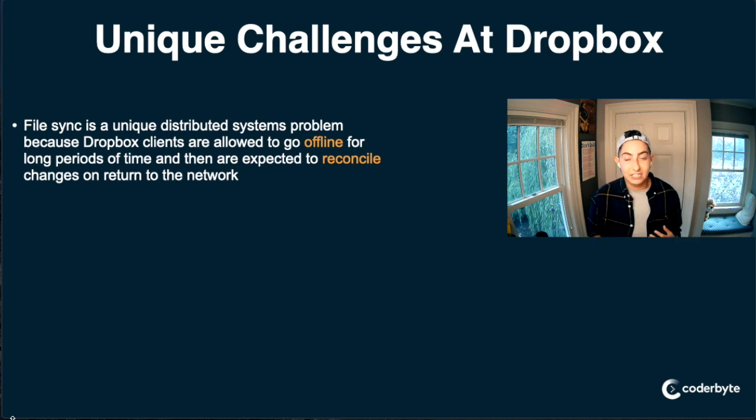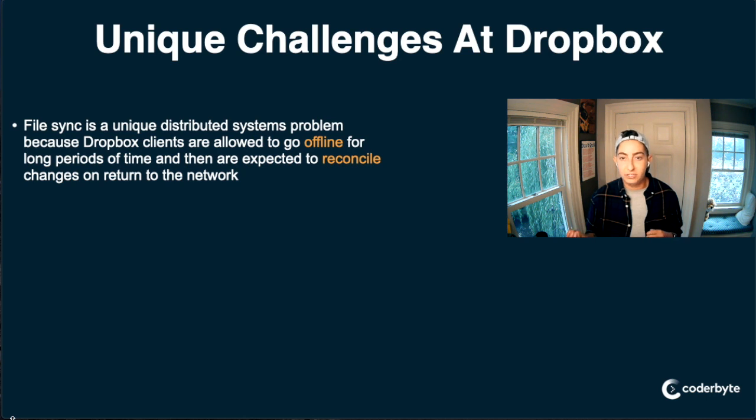And the sync engine has to be able to reconcile all of those changes in a way that makes sense to the user. The user can't go online and be like, hey, why did this get overwritten by this other thing? And then some developer at Dropbox is like, well, the sync engine reconciles it in this strange way. No, it needs to be able to reconcile them in a way that makes sense to everybody.